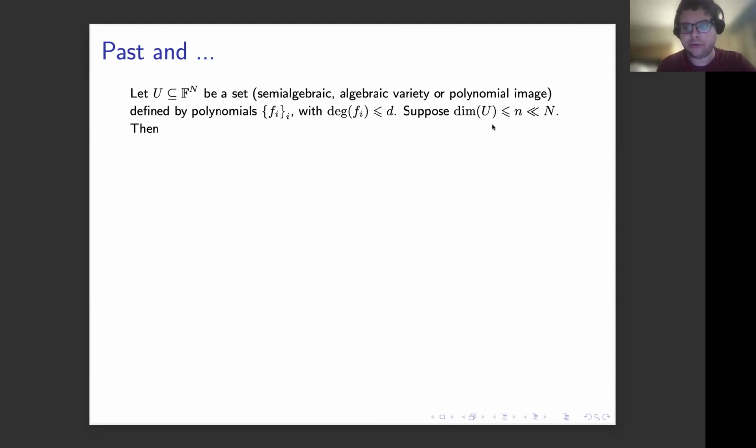And we're going to be focused primarily on the setting where the set U has big codimension. So the dimension of U is at most little n, and that's much, much less than the ambient dimension capital N. Okay. So then there are some prior results on covering numbers for algebraic sets, and here's a table.